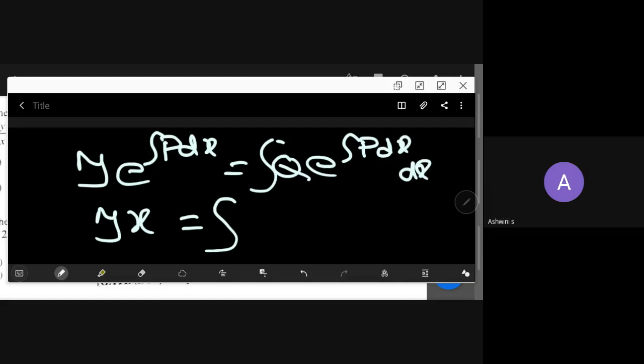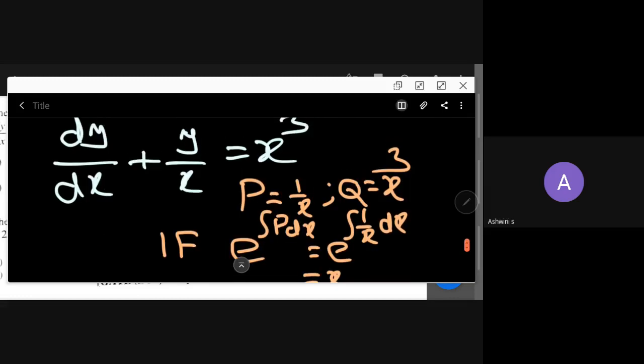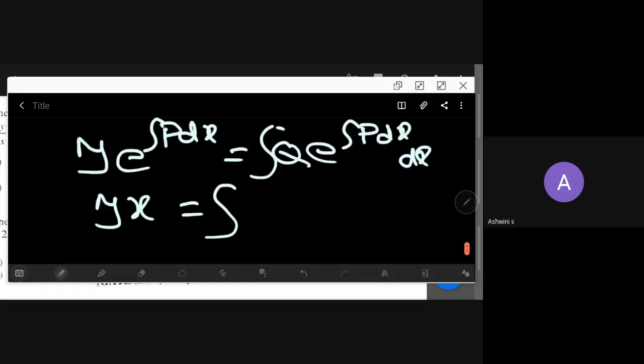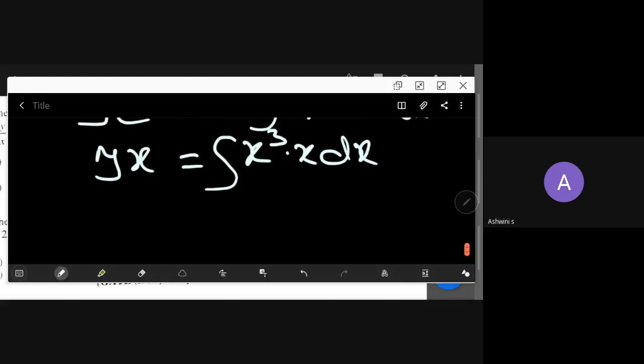Q is x cube. So x cube into x dx. So this gives us yx is equal to x power 5 by 5 plus k.